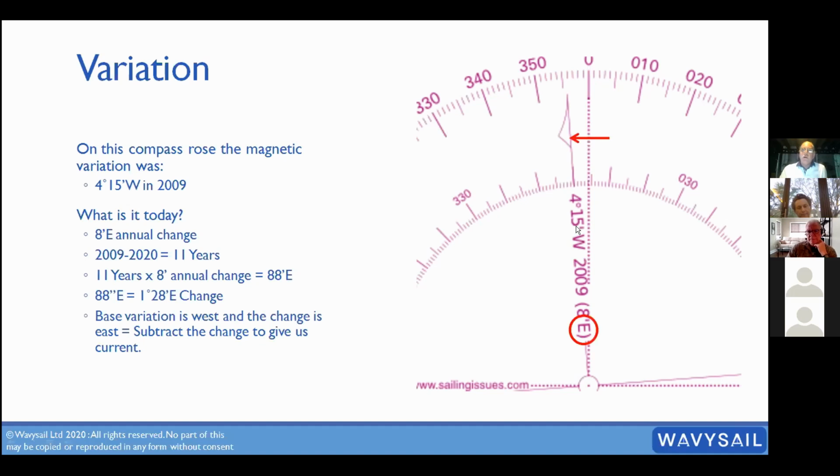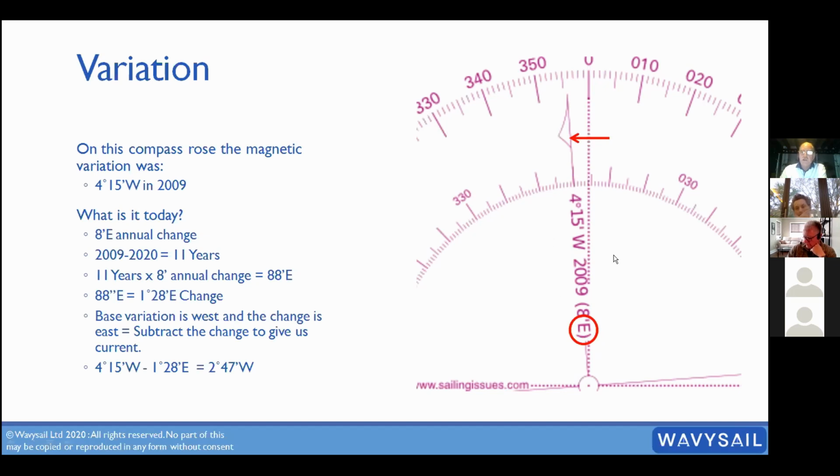But our base variation was going west, and it's changing back towards north. Because it's a westerly variation and it's changing to the east, we subtract the one from the other, and then we get a variation of 2 degrees and 47 minutes west today, or in 2020.